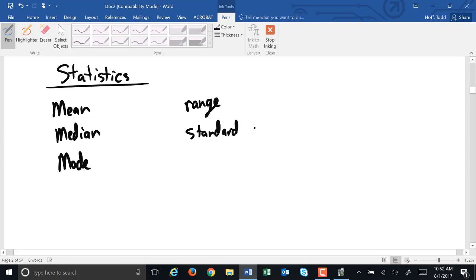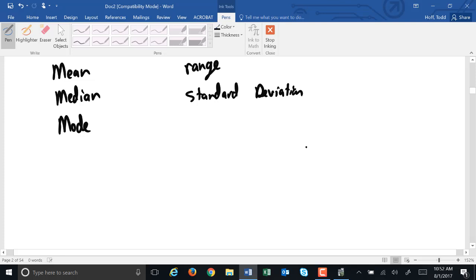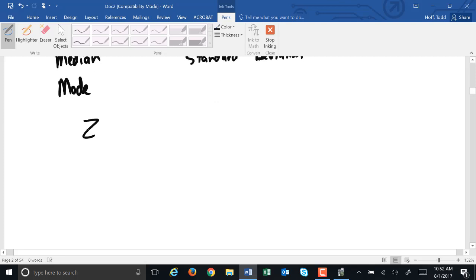And a standard deviation. I wouldn't give you more than 6 or 7 numbers at most for a standard deviation. You will also need to be familiar with z-scores.